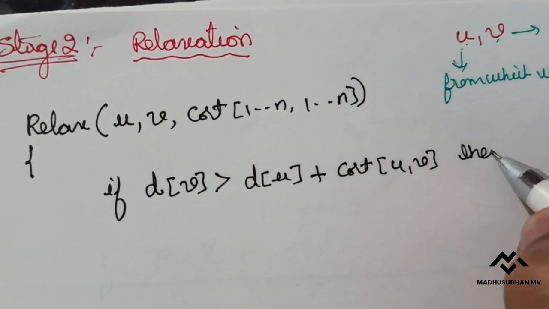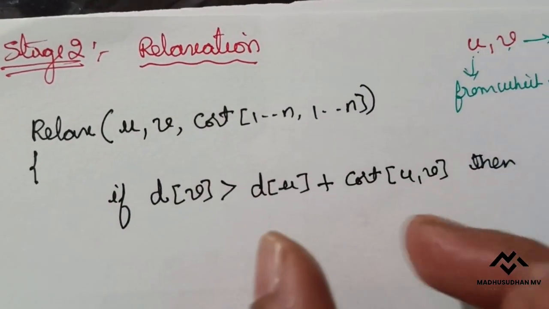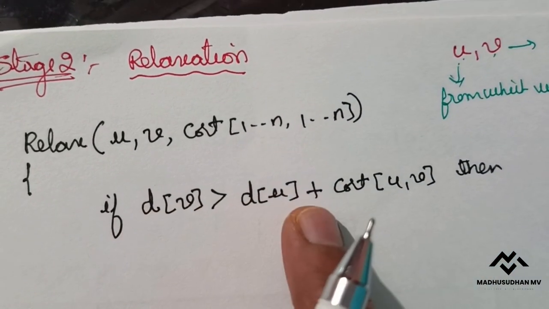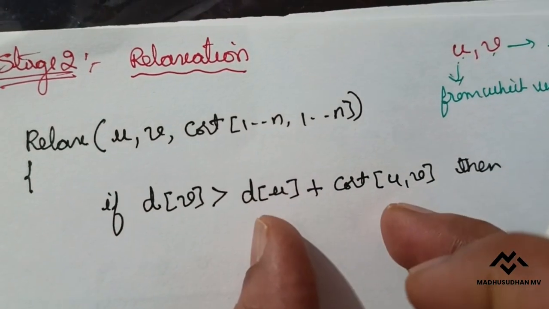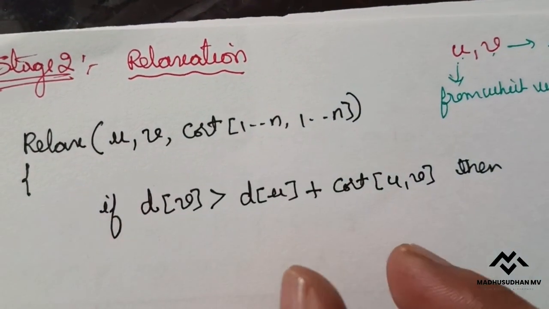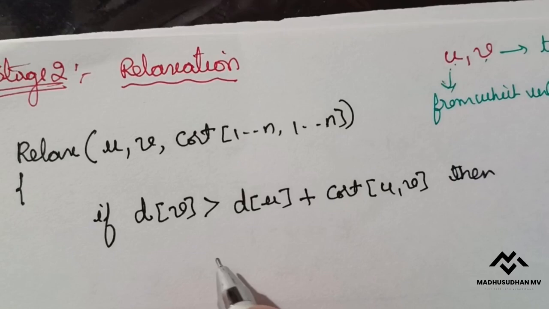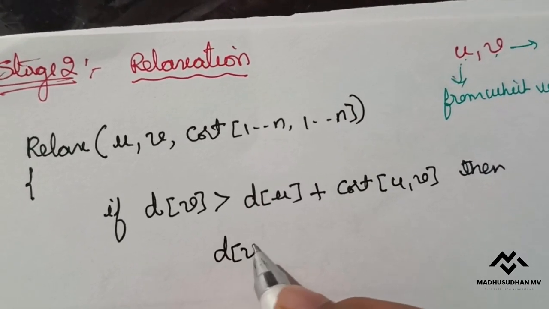If this is true, then I assign. This is the previous distance, this is the new distance. If the new distance is lesser, if the previous distance is greater, we assign the new one. That means I'm retaining the lowest one. So whichever is lower, that I'm taking.